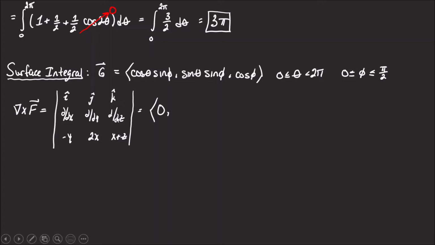Then we get partial z of this is 0, and then minus 1. Then it'll be 2 minus negative 1, which is 3. Now we also know our normal vector. This was already derived. This is sine of phi times the parameterization of a unit sphere.